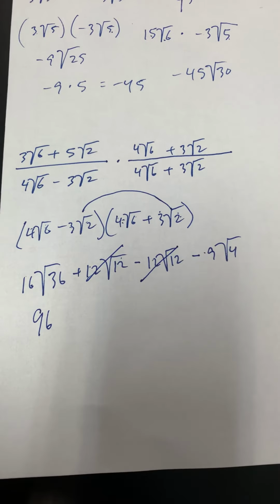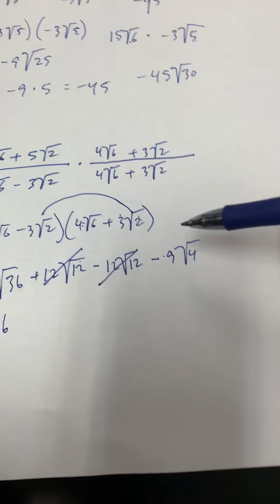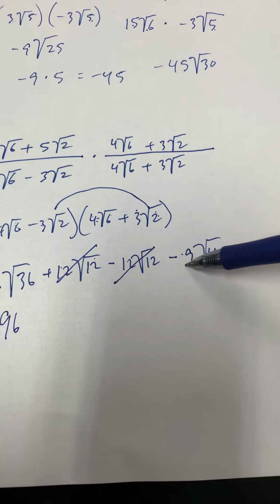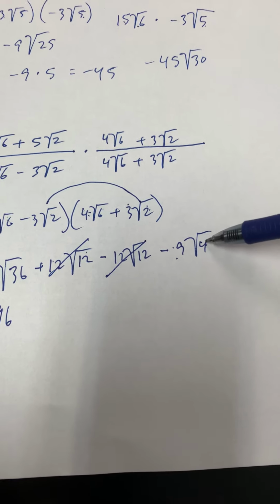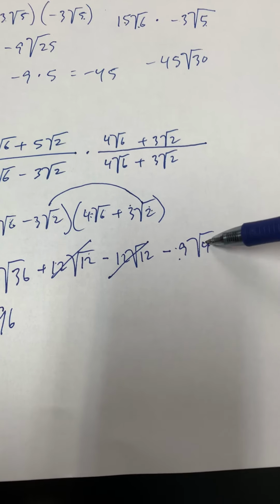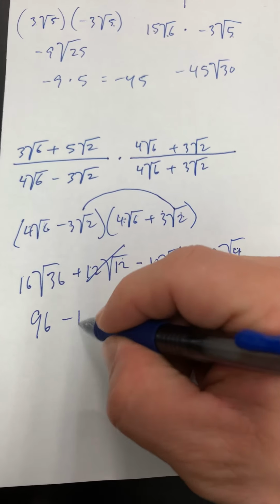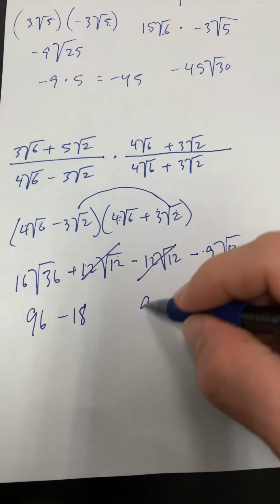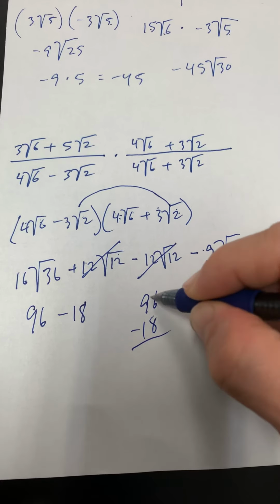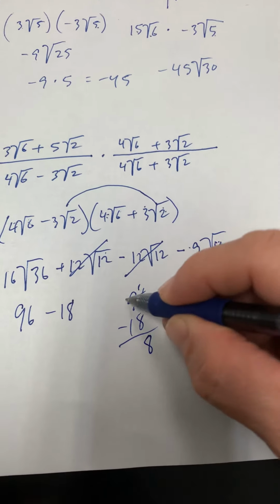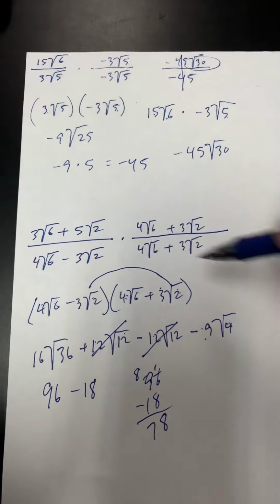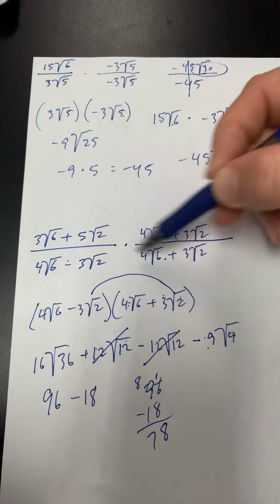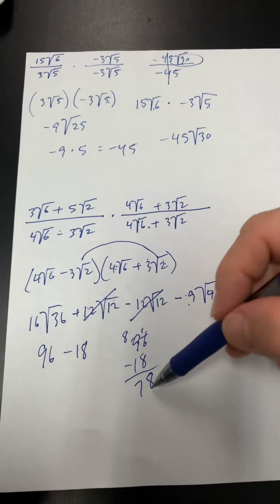And then we have, okay, now this is negative 9 times, actually times 2. Square root of 4 is 2. So negative 9 times positive 2 gives me negative 18. And 96 minus 18 gives me 78. So all of that here, this times this, gives me 78.